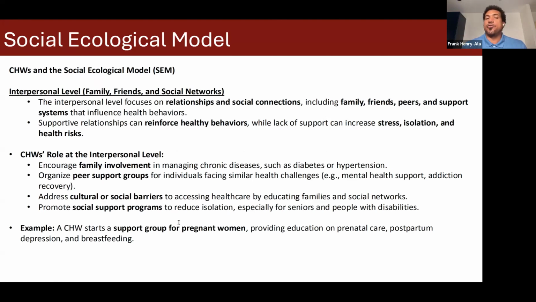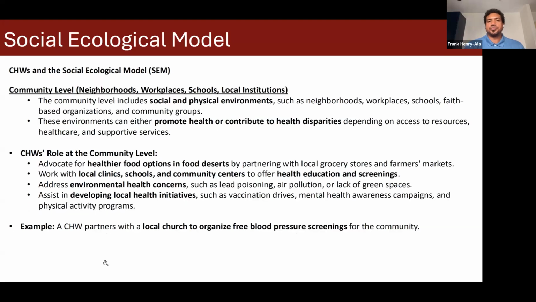Supportive relationships can reinforce healthy behaviors, while lack of support can increase stress, isolation, and health risk. And so the CHW at this level is encouraging family involvement, organizing peer support groups, addressing cultural and social barriers, and promoting social programs. An example is a CHW starting a support group for pregnant women, providing education on prenatal care, postpartum depression, and breastfeeding.